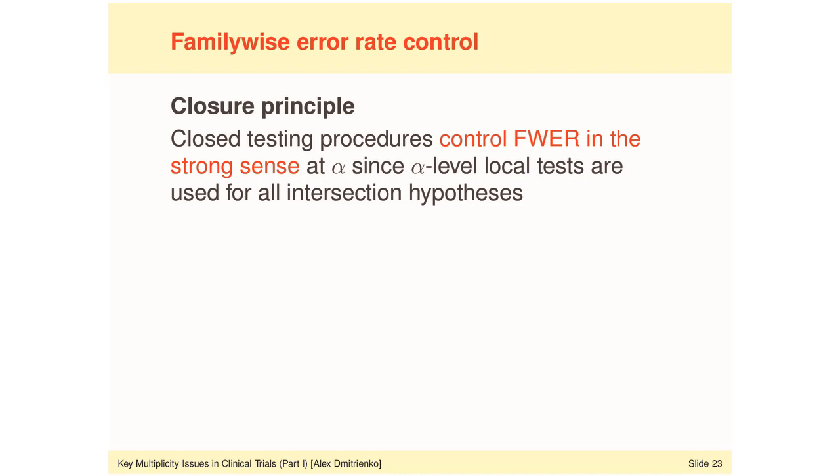It's a fundamental property which explains why closed testing procedures have attracted so much attention in clinical trial applications and other applications in general. The power of the closure principle comes from the fact that controlling the error rate for each intersection or within each one of those orange boxes in the closed family translates directly into global error rate control, which means that the error rate is going to be controlled over the entire family of null hypotheses.